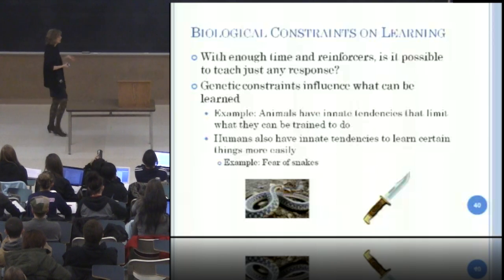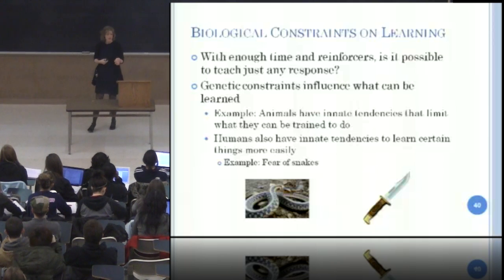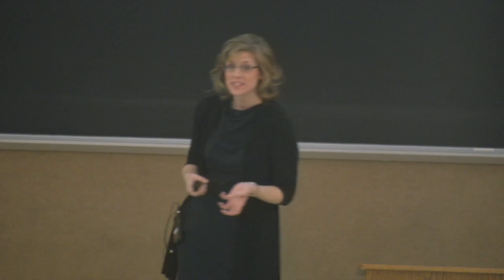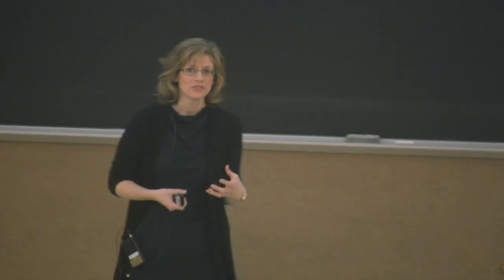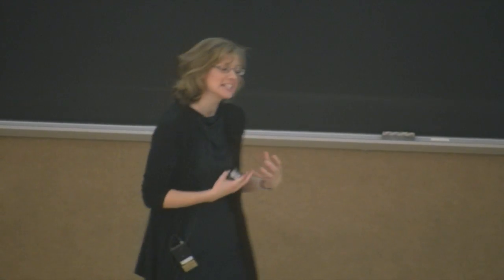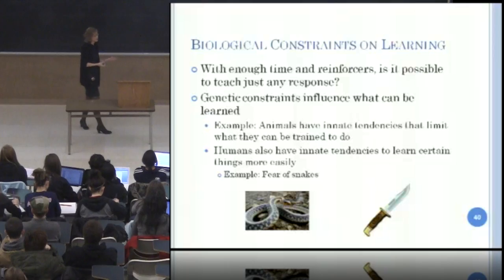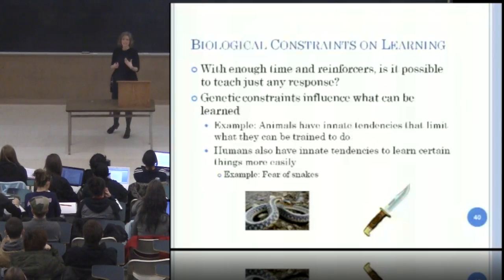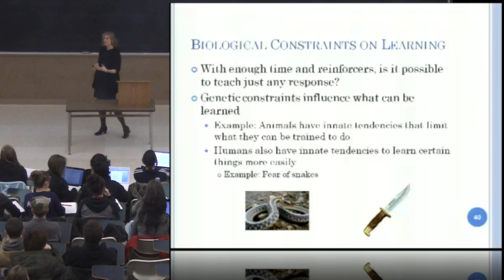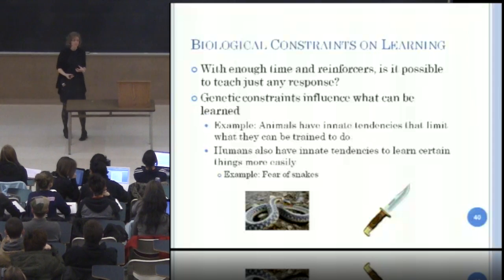And a knife is a scary thing, and you could see how someone might have a fear of knives. But no, these young children are quick to associate snakes and spiders with fear, but not knives and not flowers. So there do seem to be innate tendencies to learn to develop fears of certain things.